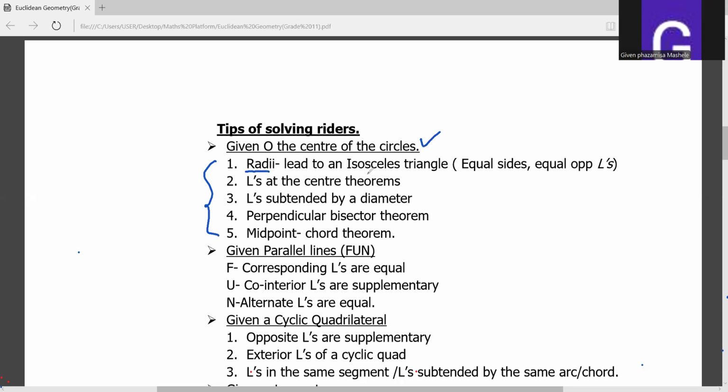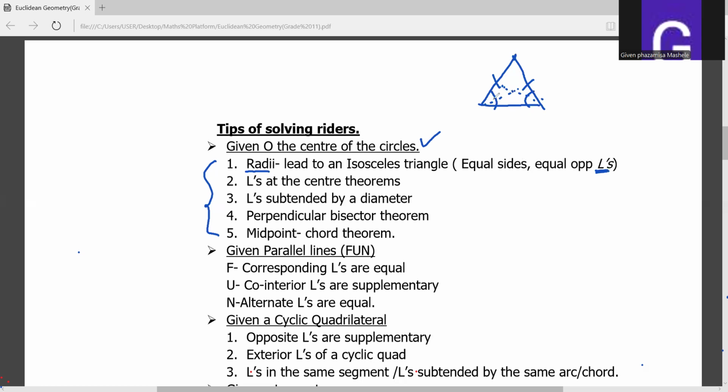This will lead you to the isosceles triangle. We know that an isosceles triangle is a triangle where 2 sides are equal. If 2 sides are equal, then the angles opposite to those sides are also equal. So equal sides, equal opposite angles.